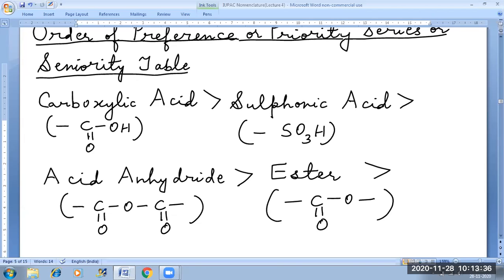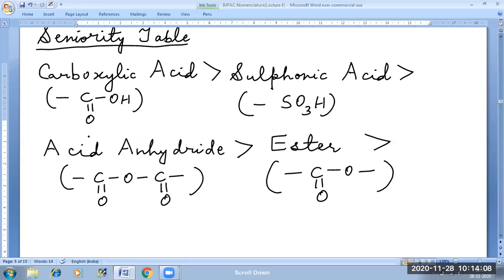So whenever you have a doubt, whenever you're stuck on something, you can check this list. In this order of priority, we will see which has the highest priority and which has the lowest priority. In order to decide which is the main functional group, we must remember or learn this order of preference. It will take time, gradually you will learn.